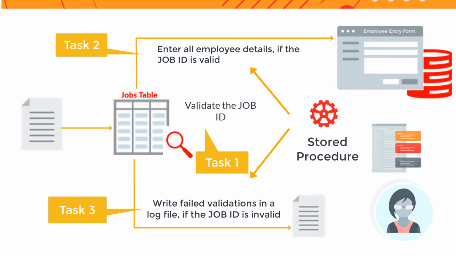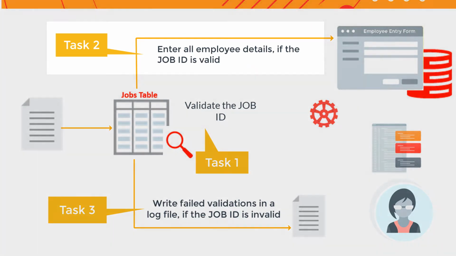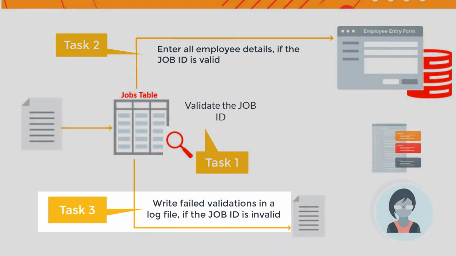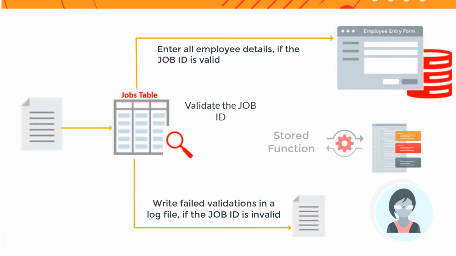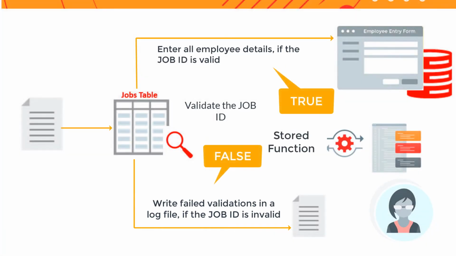However, before executing task 2 and task 3, Jill must validate the job ID. This is an important check which must precede task 2 and task 3. A stored function can validate the job ID and indicate the validation by returning a value such as true or false.